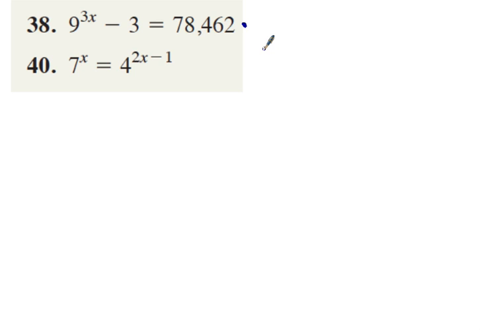Let's try to isolate this variable. Okay, so since this is connected to the exponent, we can add 3 to both sides. So 9 to the 3x is going to equal our 78,465 now.